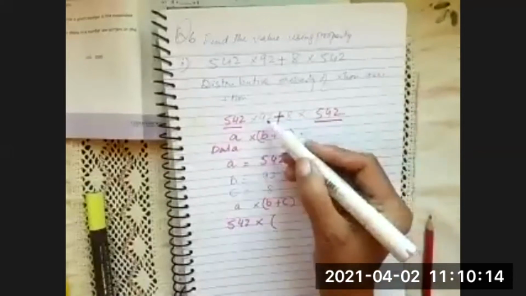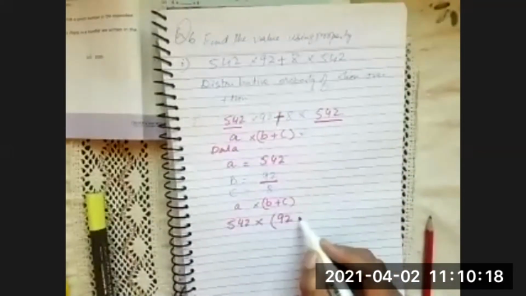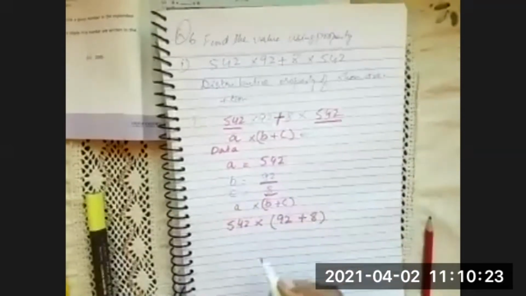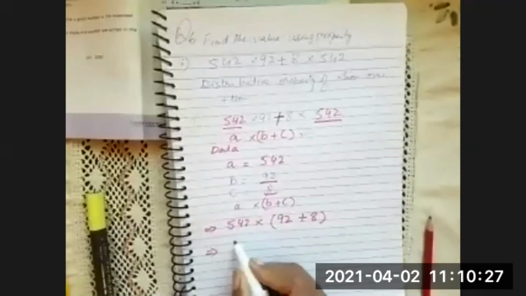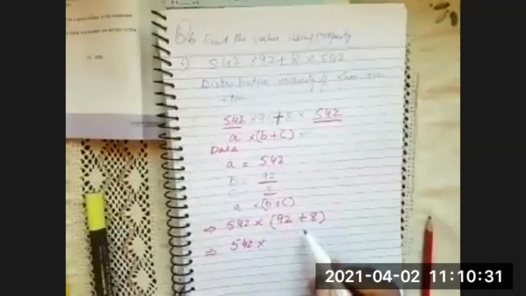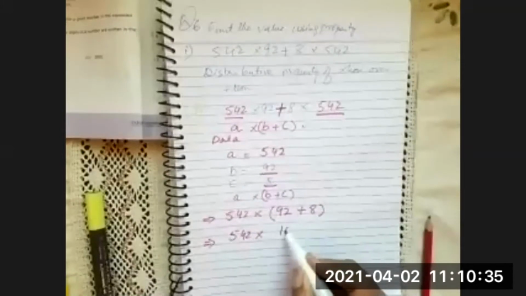B is 92 plus C is 8. Now solve. 542 multiplied by, you will solve the quantities inside the bracket first. 92 plus 8 gives you 100.